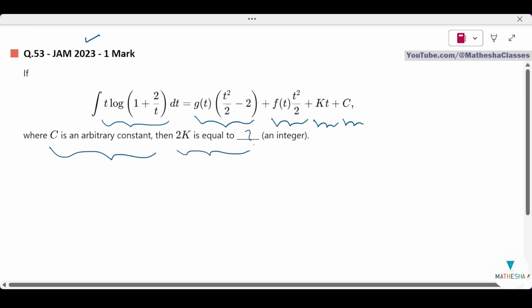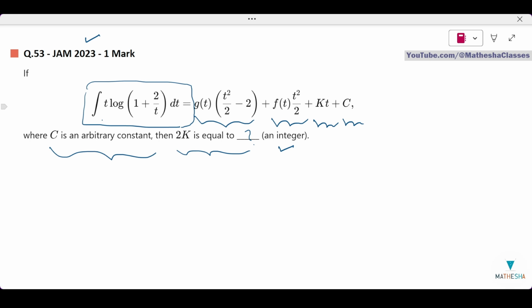You have to find the value in integer. Okay, so for this problem, we'll first express the value of the integration in this form, and then find the value of k from this.